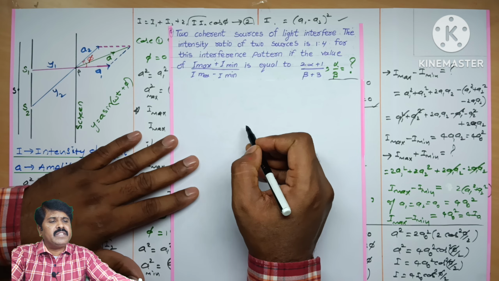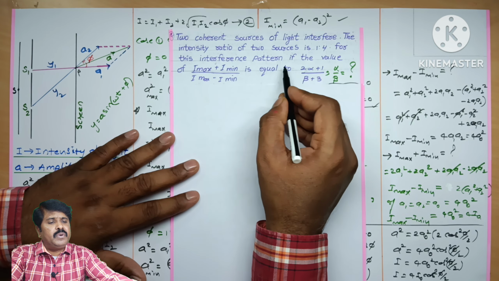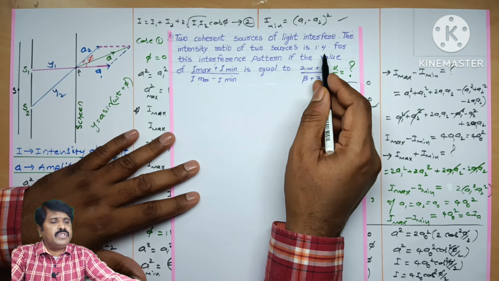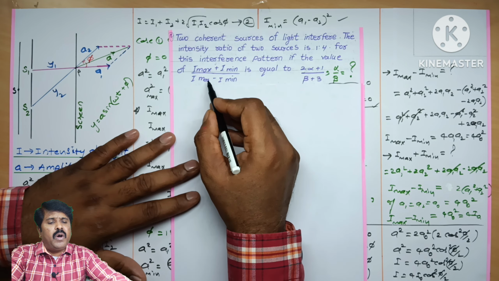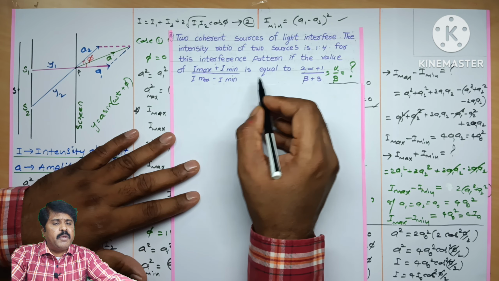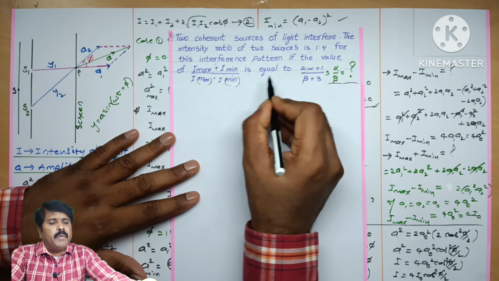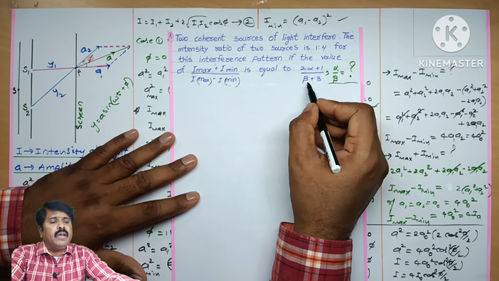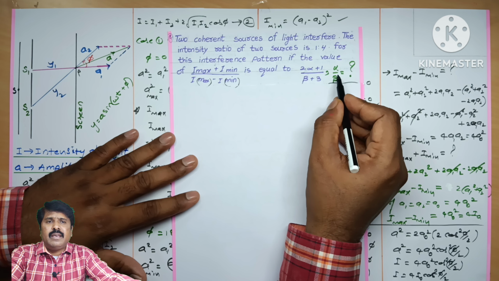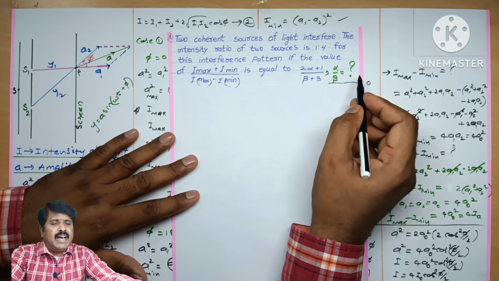Two coherent sources of light interfere. The intensity ratio of the two sources is 1:4. For this interference pattern, if the value of (I max plus I minimum) divided by (I max minus I minimum) is equal to (2 alpha plus 1) divided by (beta plus 3) is given. In this question, alpha divided by beta is asked.